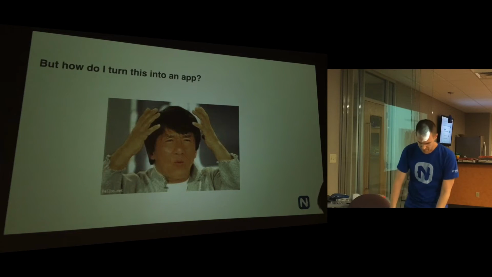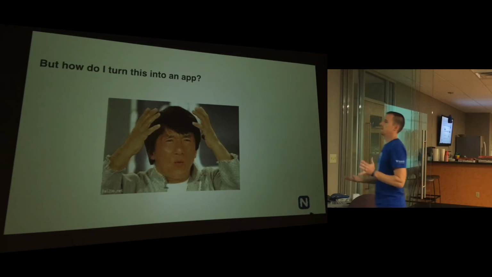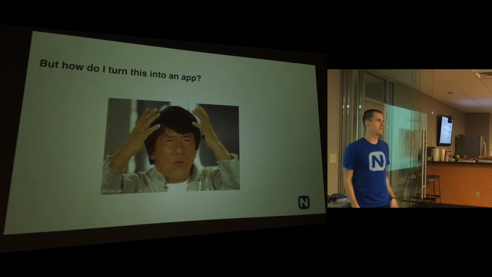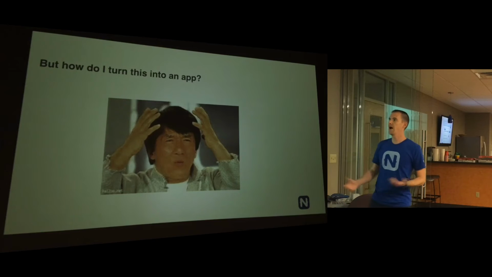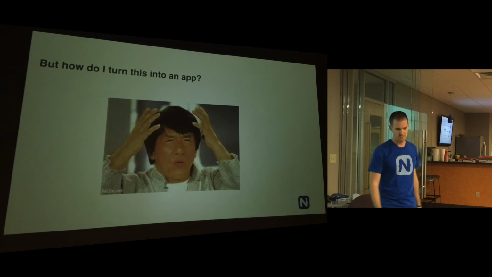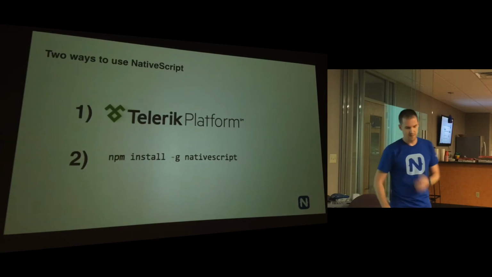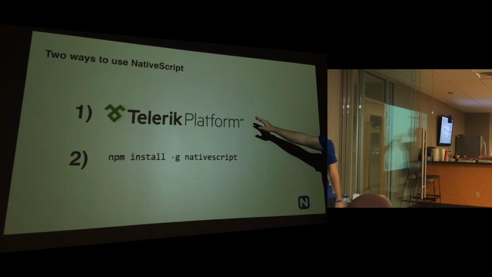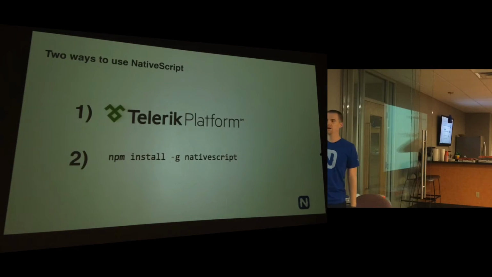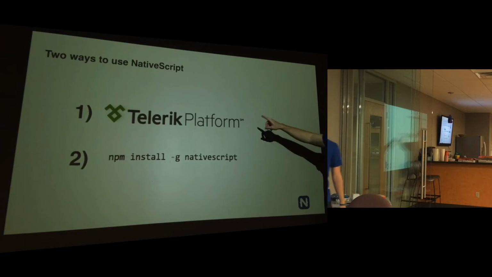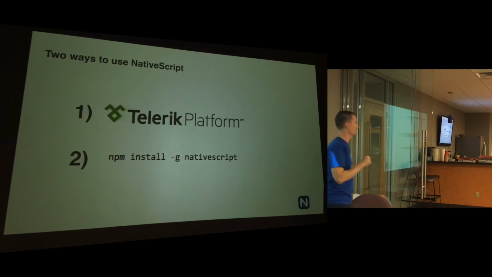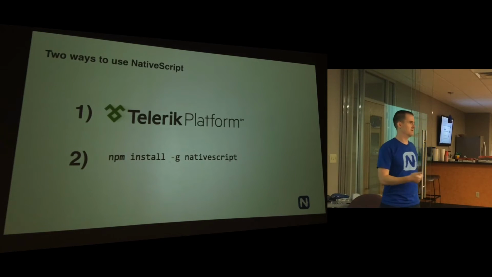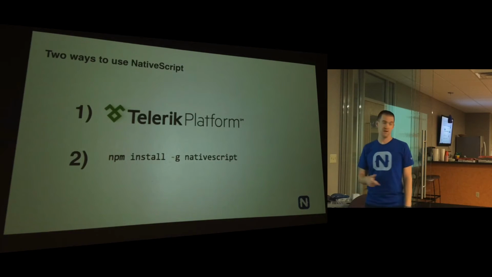So Jackie Chan says, all right, I'm sure that's all cool, but we all want to figure out how do we use this, how do we make apps. All right, two ways. First way, Telerik Platform. I don't work for Telerik, but we do use Telerik Platform here at work. It's a really cool service. It does cost money. There's a trial for 30 days for free.